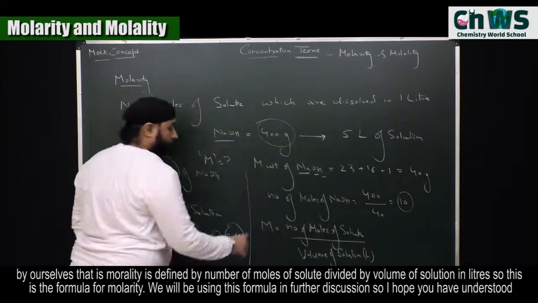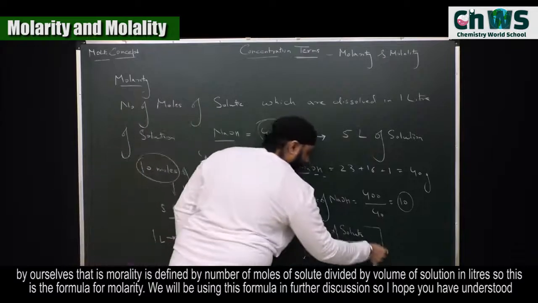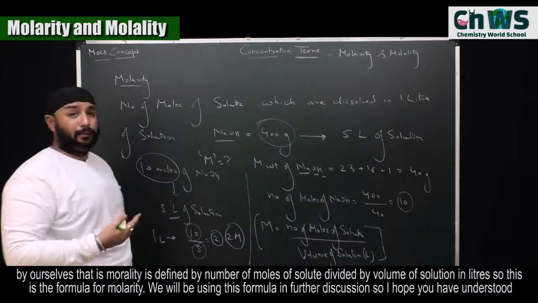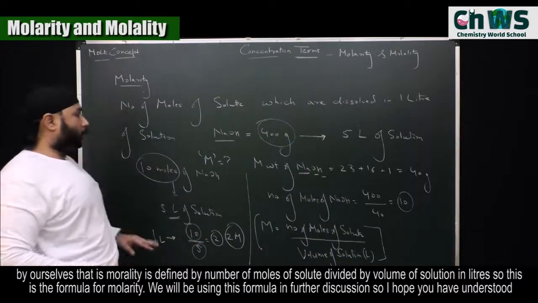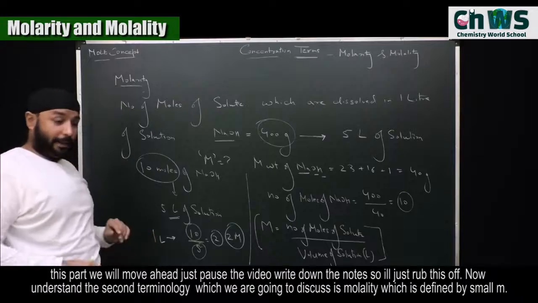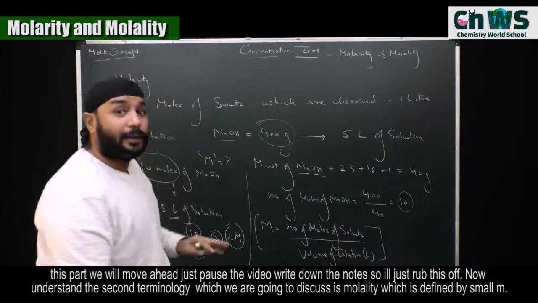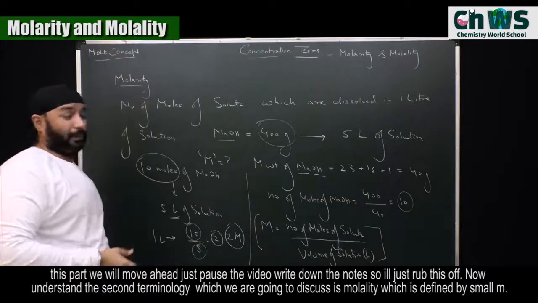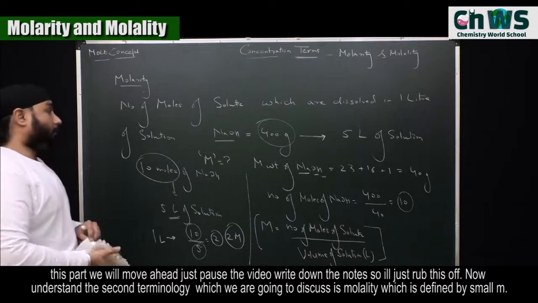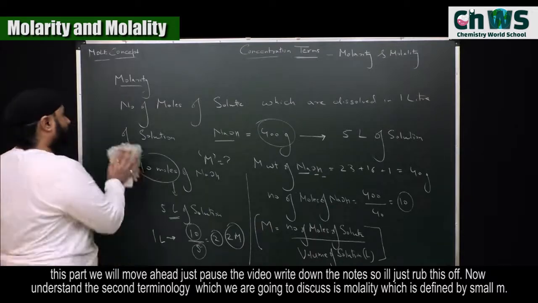Getting it? This is the formula for molarity. We'll be using this formula in further discussion, right? I hope you have understood this part. I will move ahead. Just pause the video, write down the notes, and it'll be very good for you.